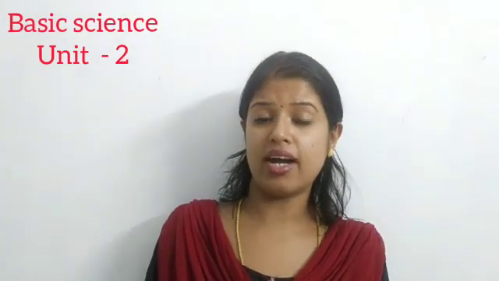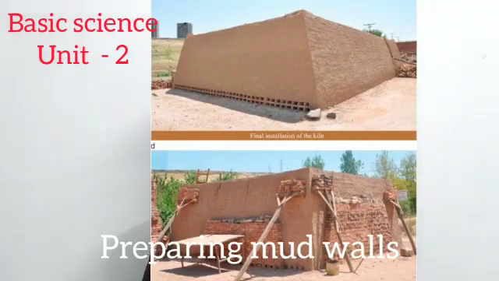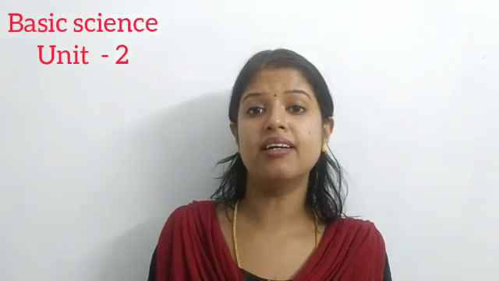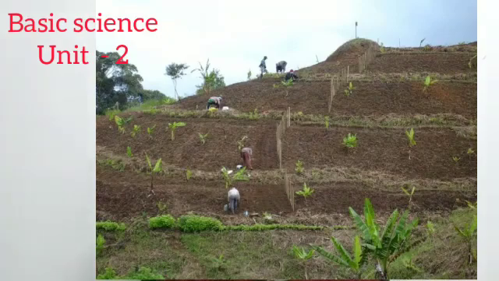Now the next one is preparing mud walls. You will prepare the walls with mud, and the water can be preserved there. The next one is sloping the land into different layers, so that the water will flow into different layers, and each layer will get water for the plants to grow also.